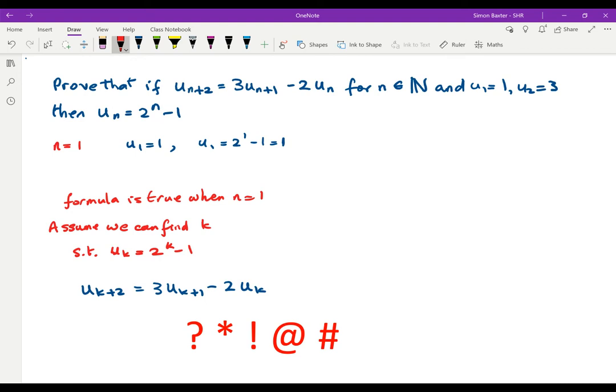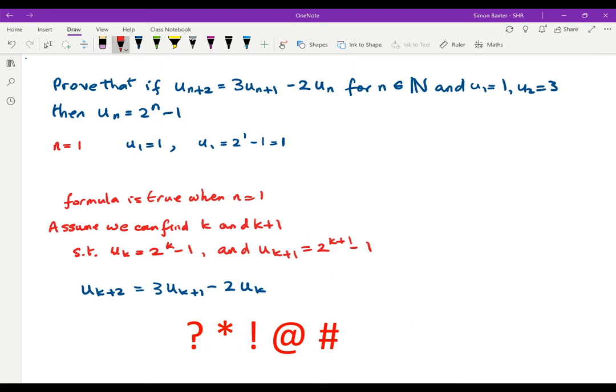So we need here to say that we can find k and k plus 1, so that uk is 2 to the k minus 1, and uk plus 1 is 2 to the k plus 1 minus 1.